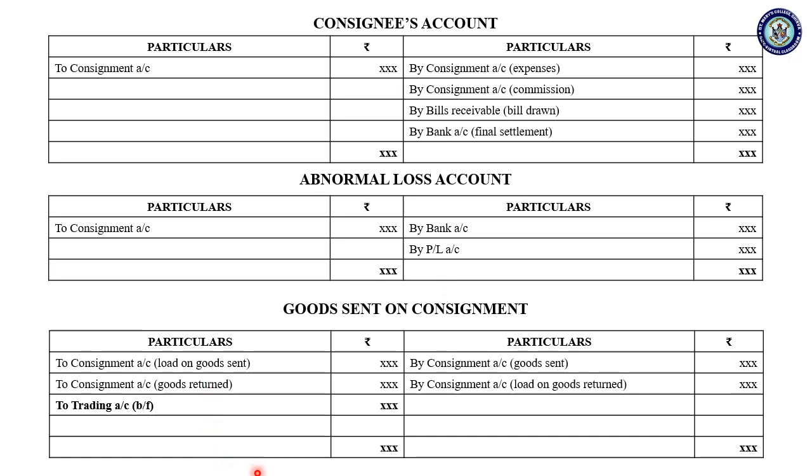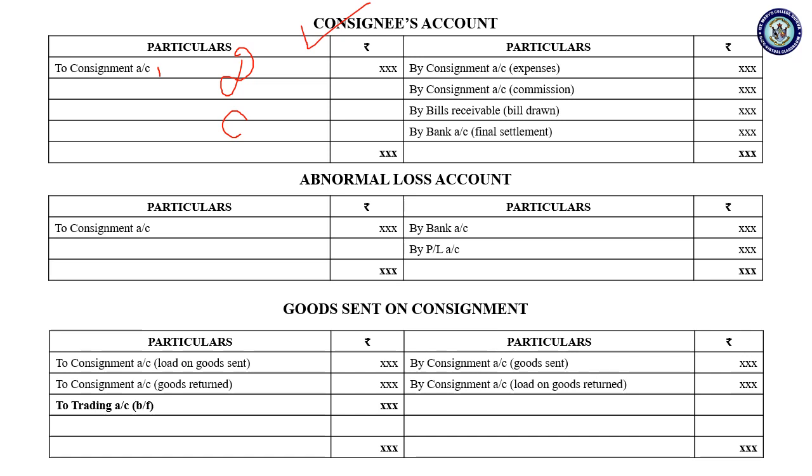Now listen, there are debtors as well as cash. One is debtor, another one is cash sale. The cash sale is received by the consignee, right? He is going to do the sale. The consignee will sell the goods on behalf of the consignor.